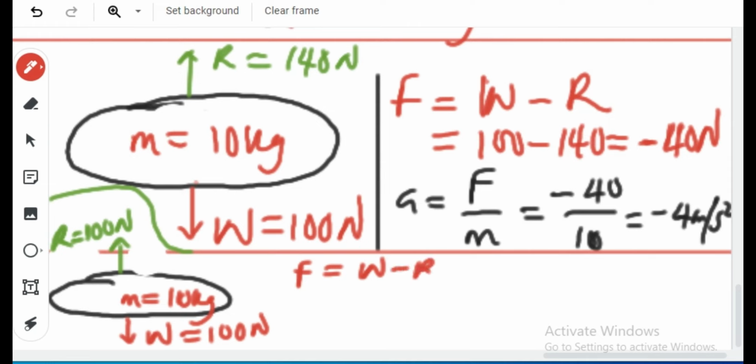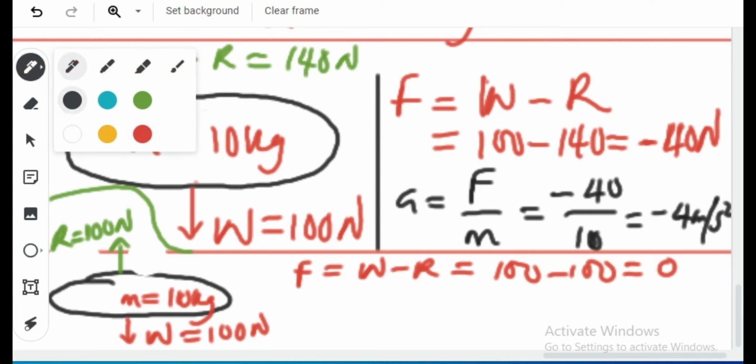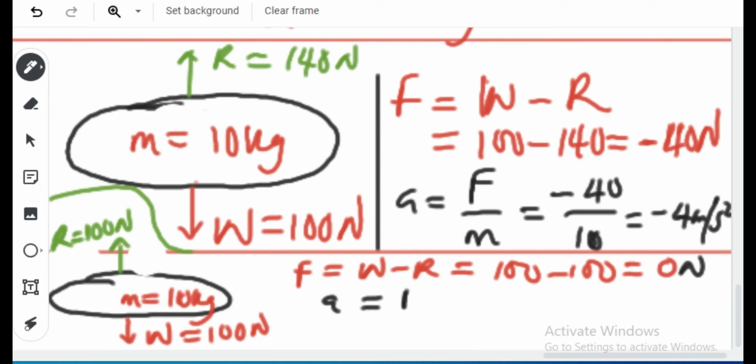W minus R, which equals 100 minus 100, which gives me 0 Newton. So what's the acceleration? F over m, which equals 0 over 10, which is 0 meters per second squared.